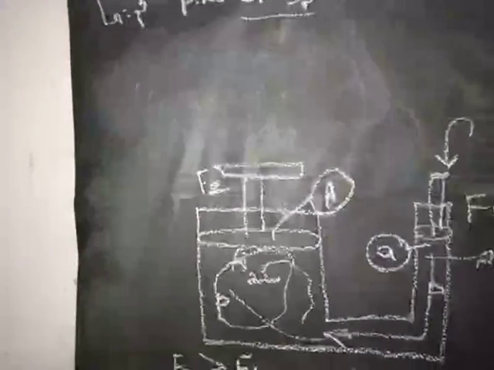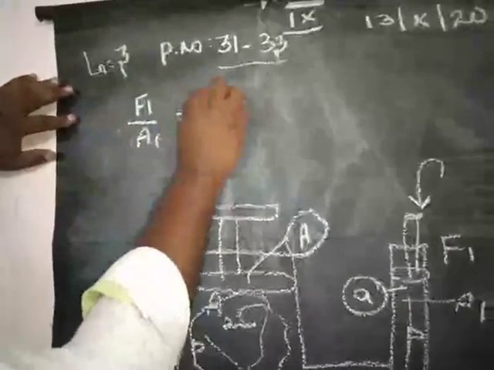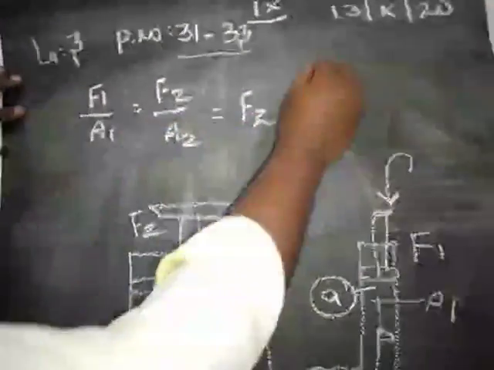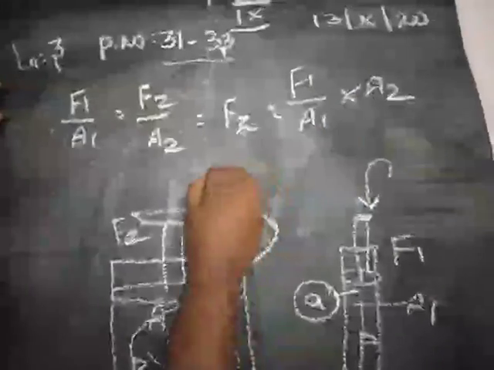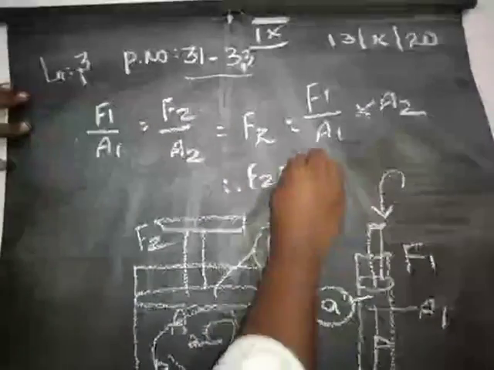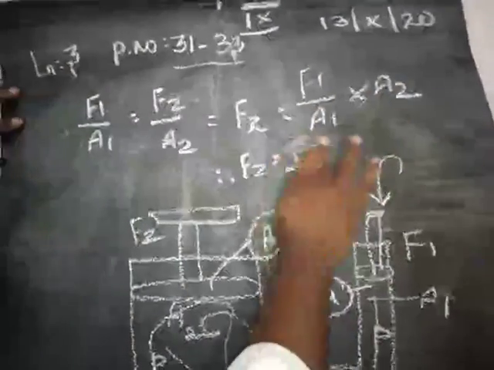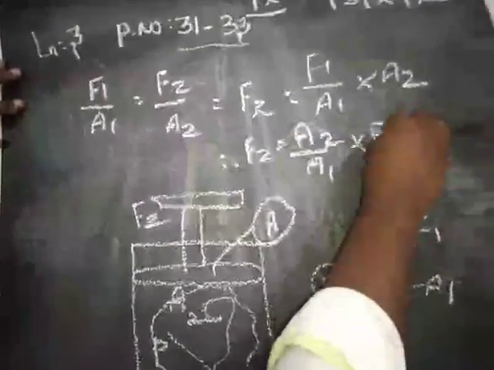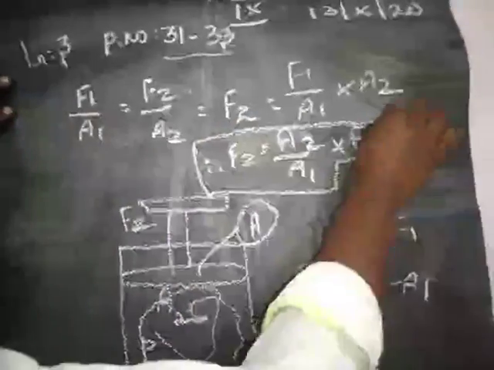So F1 by A1 is equal to F2 by A2. We need F2 alone, so F2 is equal to F1 divided by A1 into A2, that is, A2 divided by A1 into F1. This is the final formula.